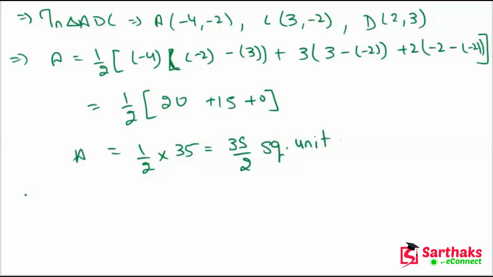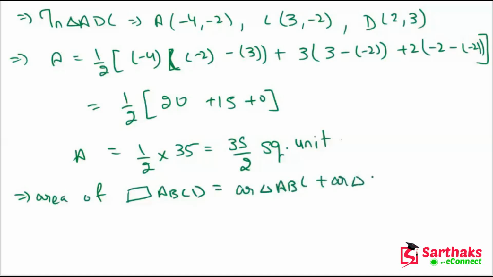Okay, so now the area of quadrilateral ABCD is equal to the area of triangle ABC plus the area of triangle ACD. So 21 upon 2 plus 35 upon 2.